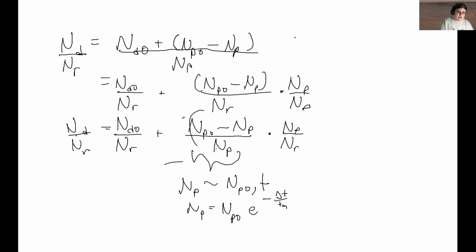So this bit only depends on time. So now if we can measure these two things: the number of daughter nuclei versus the number of reference nuclei, and the number of parent nuclei and reference nuclei. These are the ones that exist now.